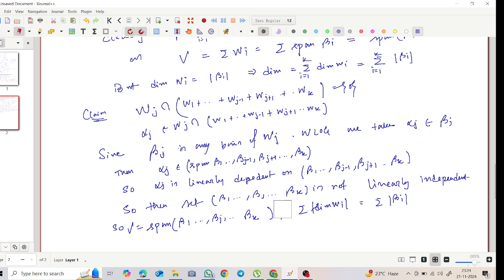Sorry, because there are other vectors, which is a contradiction. Be writing like this.